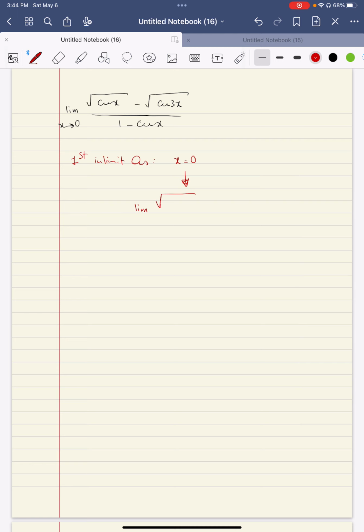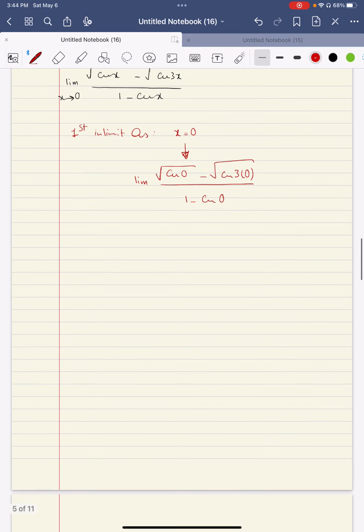So let's write down what we are going to get. It would be root cosine 0 minus root cosine 3 times 0 over 1 minus cosine 0. What I did is just replacing the x's at x equal to 0.